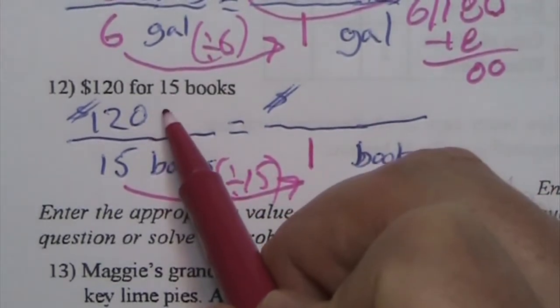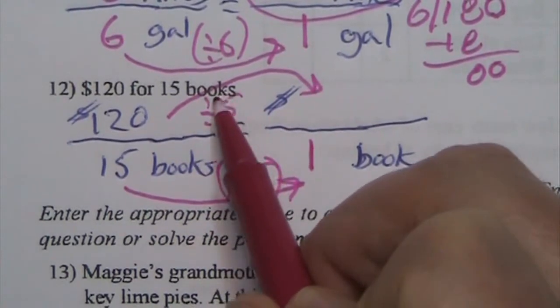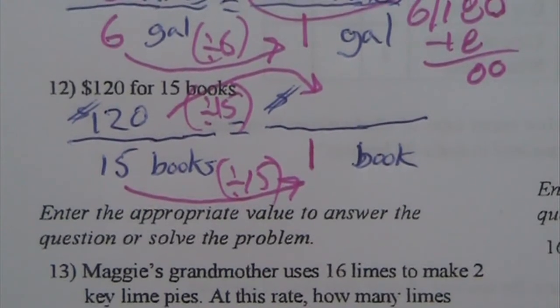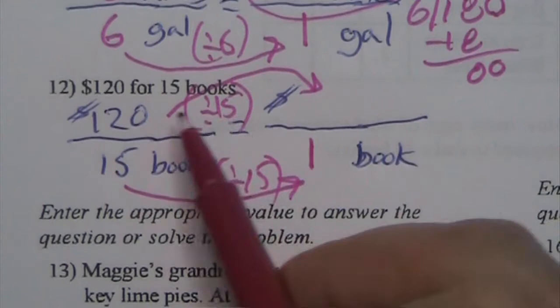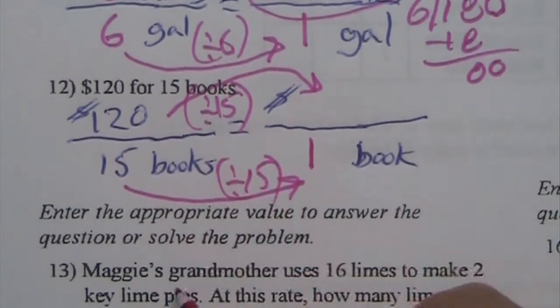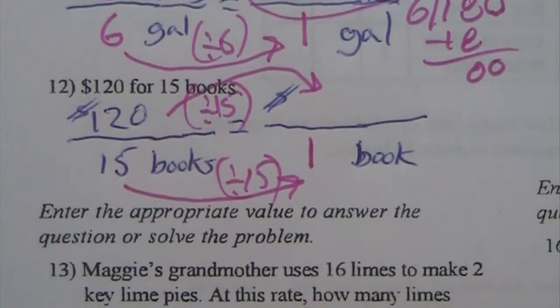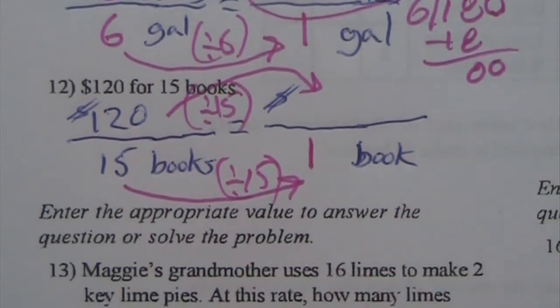So I have to divide the top by 15. 120 divided by 15. And if you do not know how to do this, you could make it smaller beforehand by figuring out how many 5s go into it. Or if you want to, you could count by 15s.